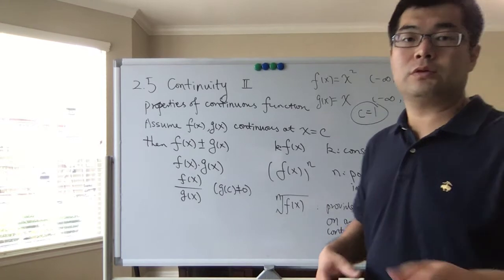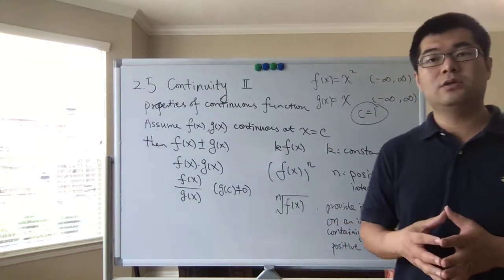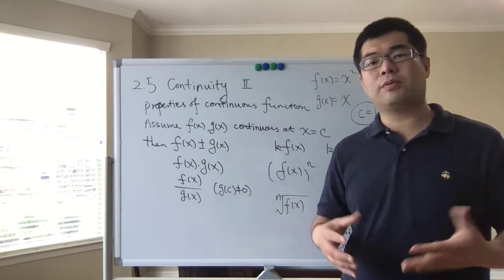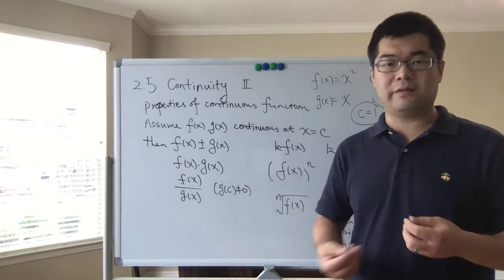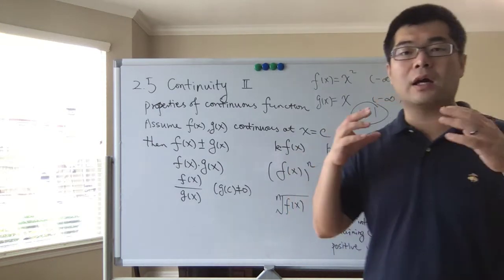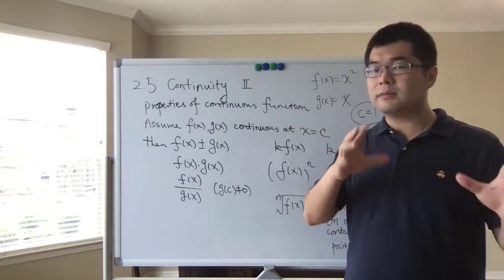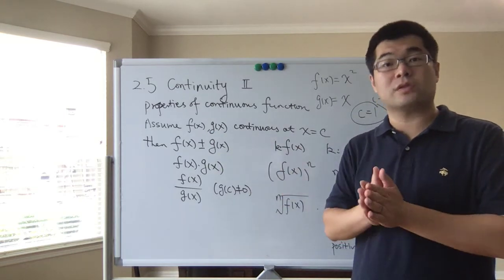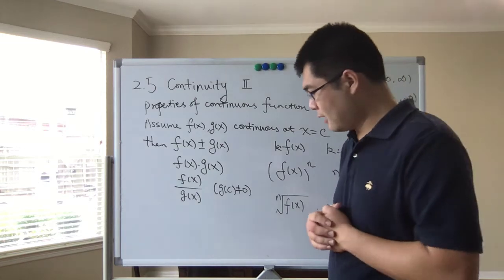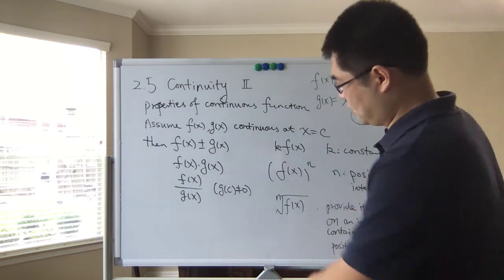So to sum up for this part, you have two functions that are continuous, no matter the basic operation: plus, minus, multiplication, division, raised to a power, and taking the nth root, basically the continuity still holds. Okay, so that's the first part about the properties of continuous functions.